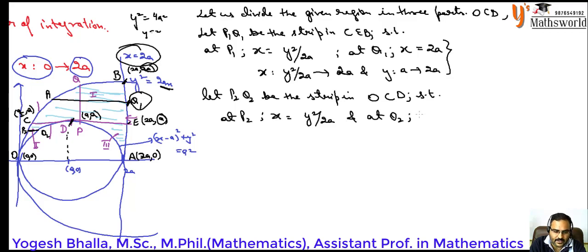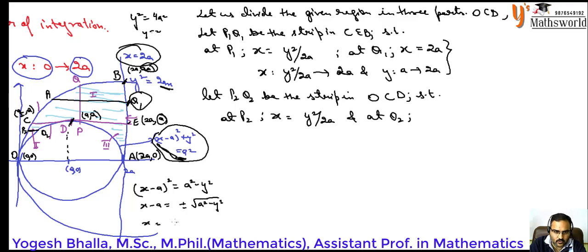So from that, if we have the equation of the circle as x minus a whole square plus y square is equal to a square, that means x minus a whole square is equal to a square minus y square. So x minus a is equal to plus minus root of a square minus y square, so x will be equal to a plus minus root of a square minus y square.